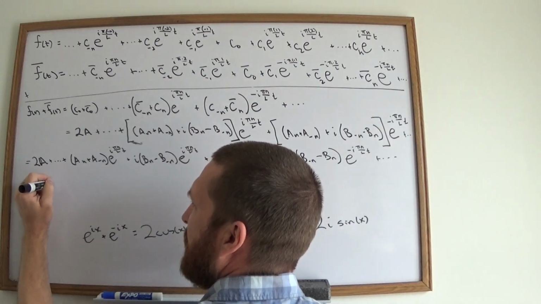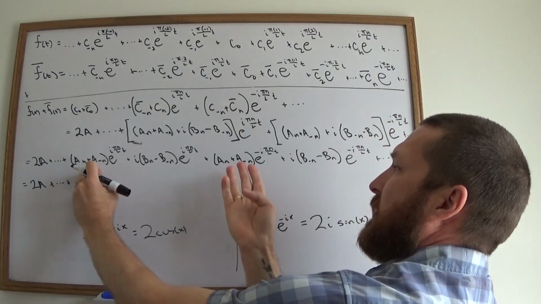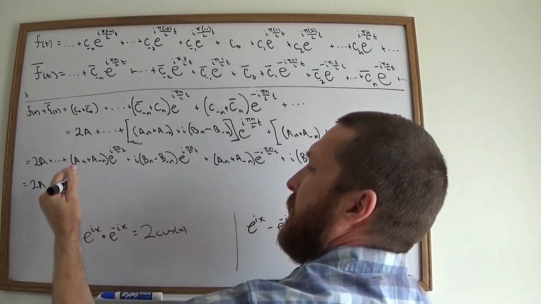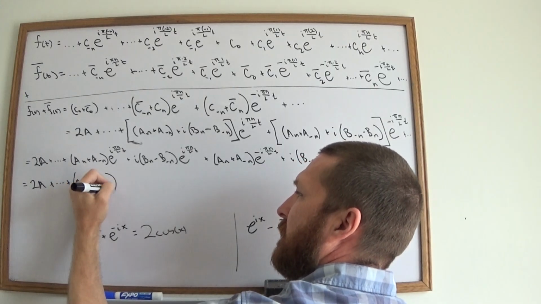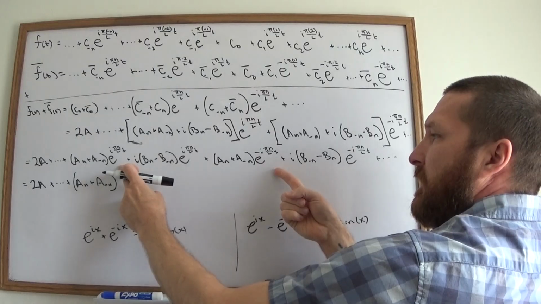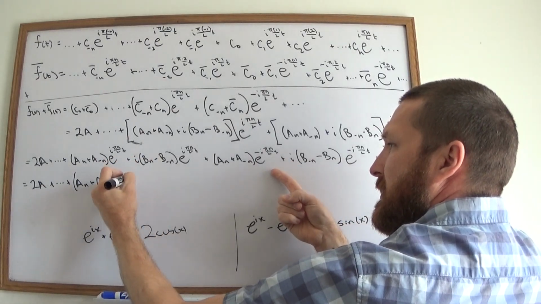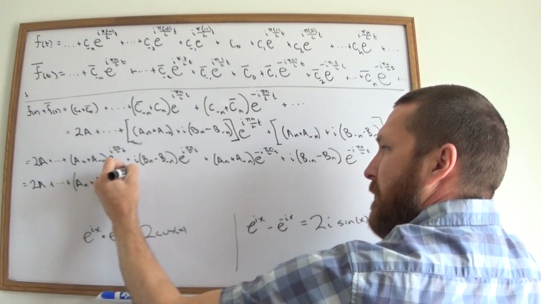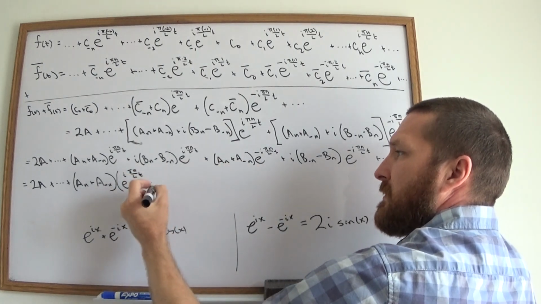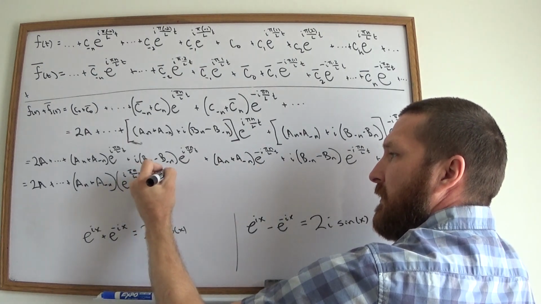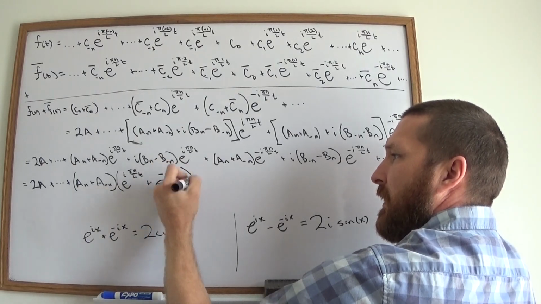Hold on. 2a plus, and so on, again, I'm going to take this one and pull out the a n plus a negative n right there. And what's left over? Well, it would be this plus this, which is e to the i pi n over L t. And then this one is plus e to the negative i of the same stuff. Like that.